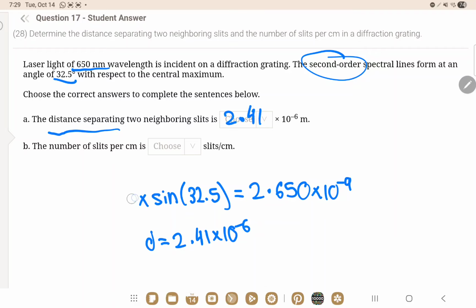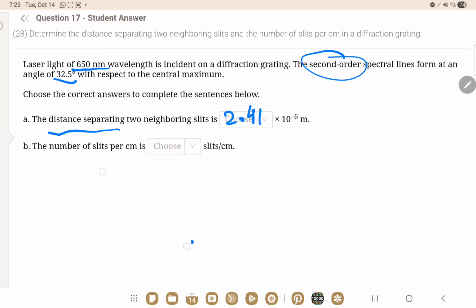Moving on. The number of slits per centimeter is 1 over 2.41 times 10 power negative 6, which is our answer in the first part. So 1 divided by our answer is going to give us something like 413,307 slits per meter, sorry, so times 10 power 2 also.